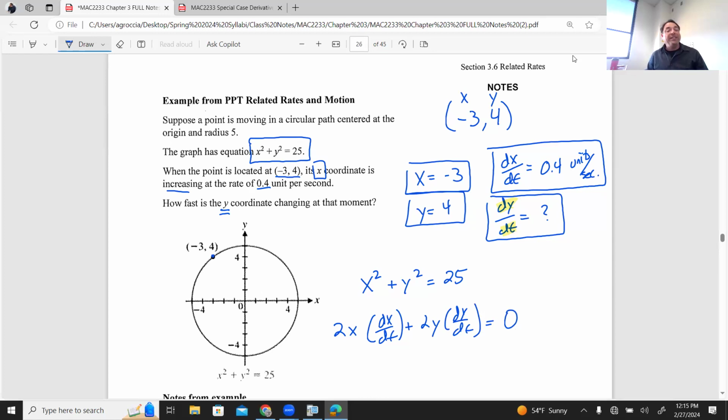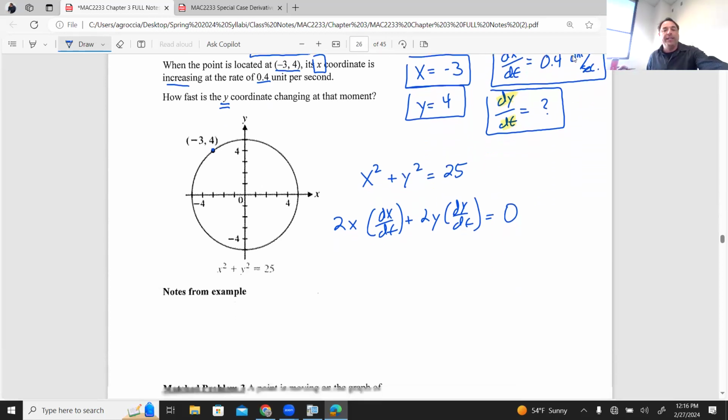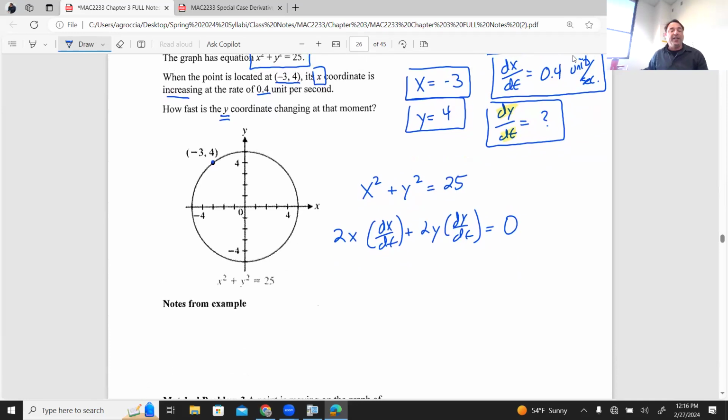Now, we don't even need the first equation because there's no z or other variable to solve for. All we need is the second equation. So we're going to use the second equation because I already have everything I need.